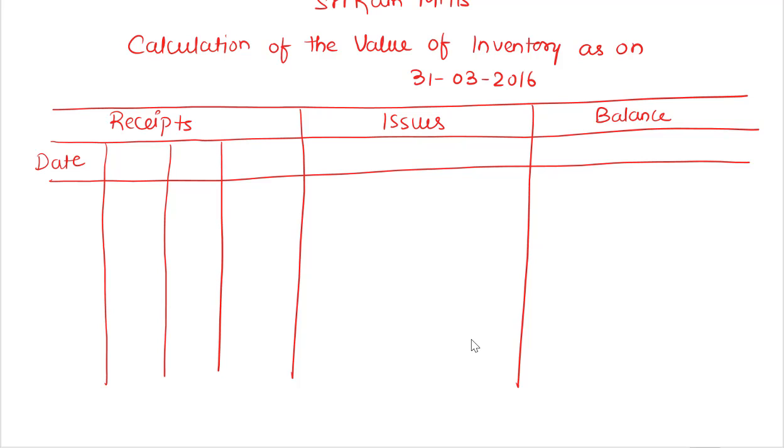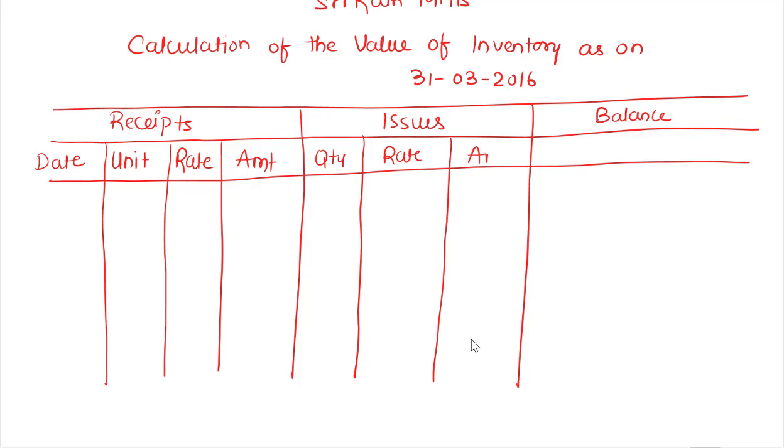Then there would be three columns: quantity, rate, amount. Quantity, rate, amount. Quantity, rate, amount.